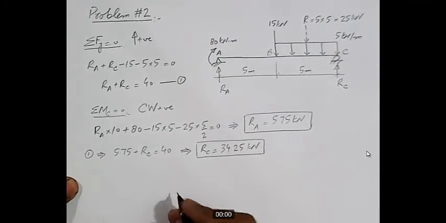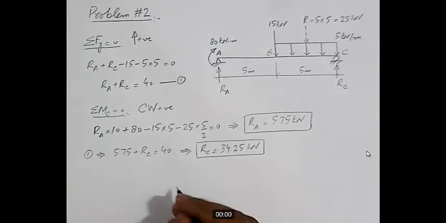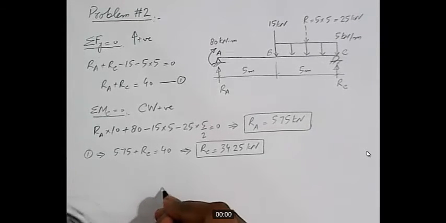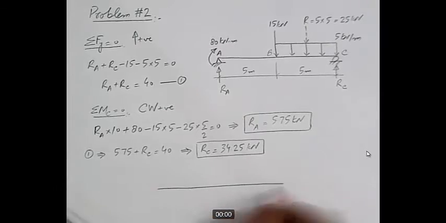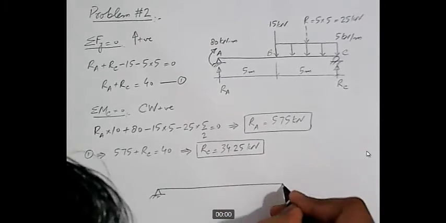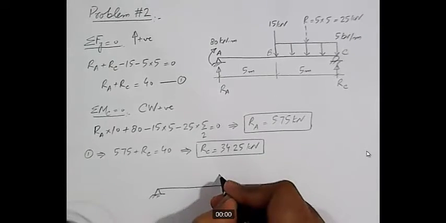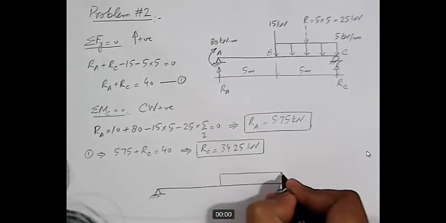So let me draw the beam here. So we have a simply supported beam subjected to a UDL in half of the span.